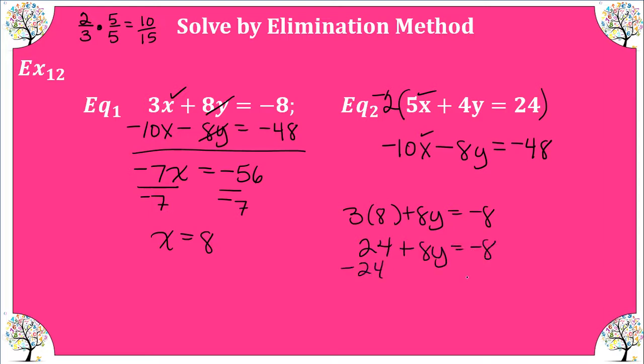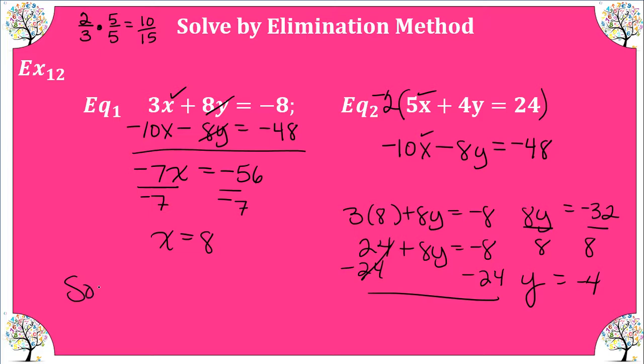Subtract 24. I have 8y is equal to negative 32. Divide each side by 8. And my y coordinate is negative 4. So our solution for this system is 8, negative 4. This would be in quadrant 4, where we have positive, negative values.